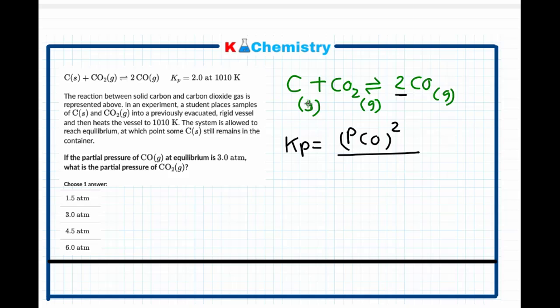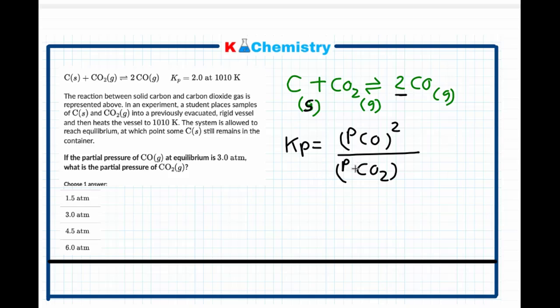This is solid carbon, and any solid or liquid we cannot mention in the equation. So I will just write the carbon dioxide pressure, which is raised to the power of 1, and the coefficient is equal to 1. So I have the Kp, and Kp is equal to 3, and I have the carbon monoxide pressure, which is 3.